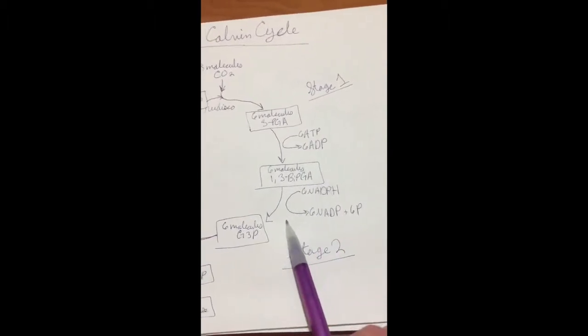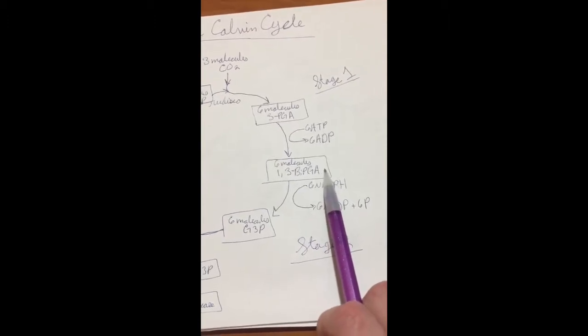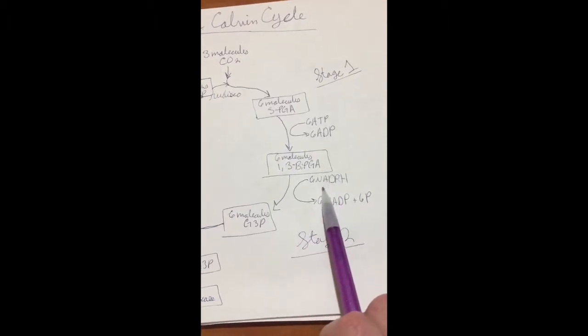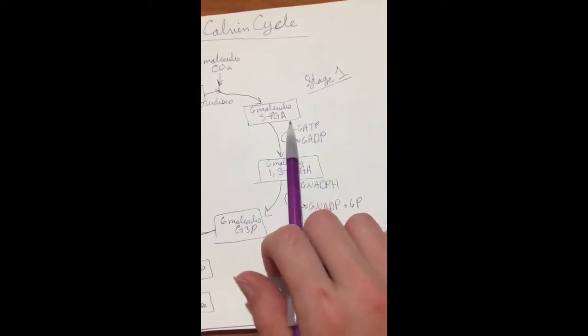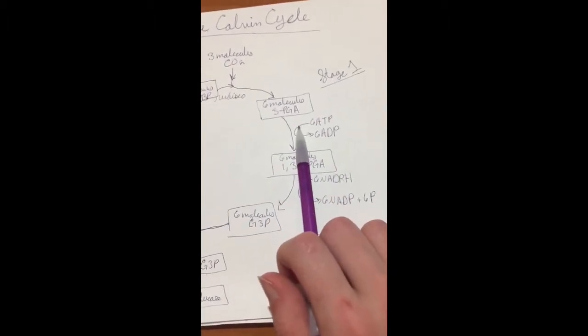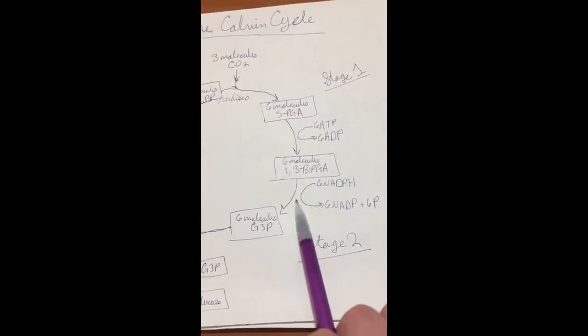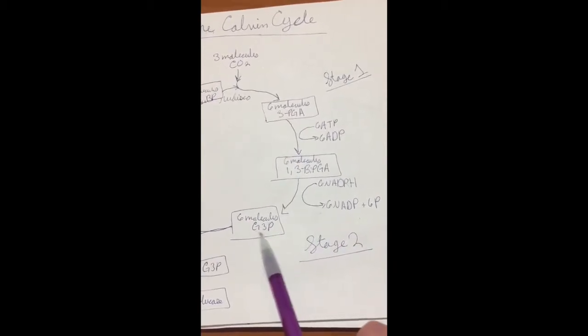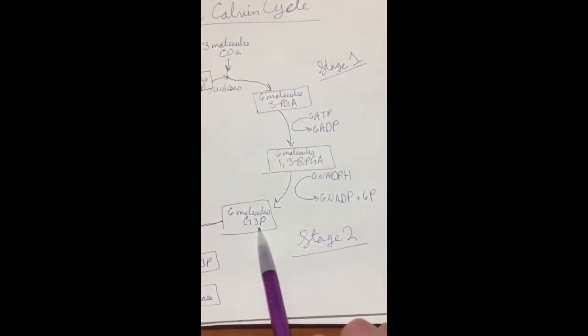But so then after that, moving on to stage 2, the reduction stage, the ATP and the NADPH are used to convert the PGA molecules up here into the 3 carbon in order to get into the G3P. So after coming down here, we need to get into the G3P.